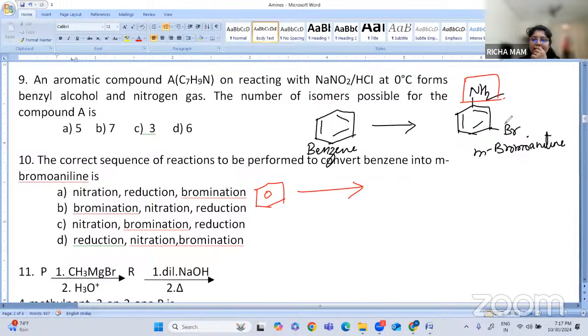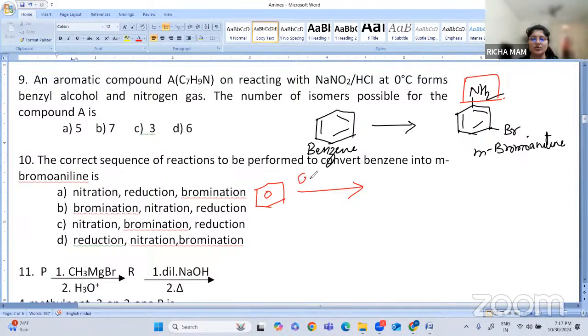So can I do nitration? If I do nitration, I'm going to get NO2. For the next step, I can do reduction. After reduction, that NO2 will be converted into NH2. Next step, I can do bromination. Like that, we can try.